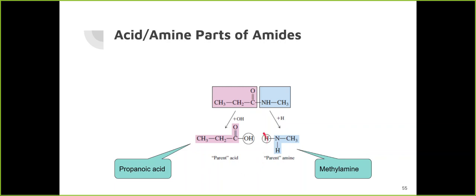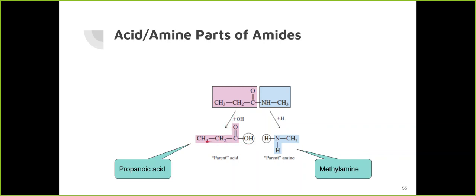So essentially then, an amide has an acid part from the carboxylic acid, and it has an amine part from the amine that it reacted with. This is going to give up the OH, and this is going to give up the hydrogen in order to form that. So if we put the OH back on here, we get our parent carboxylic acid.